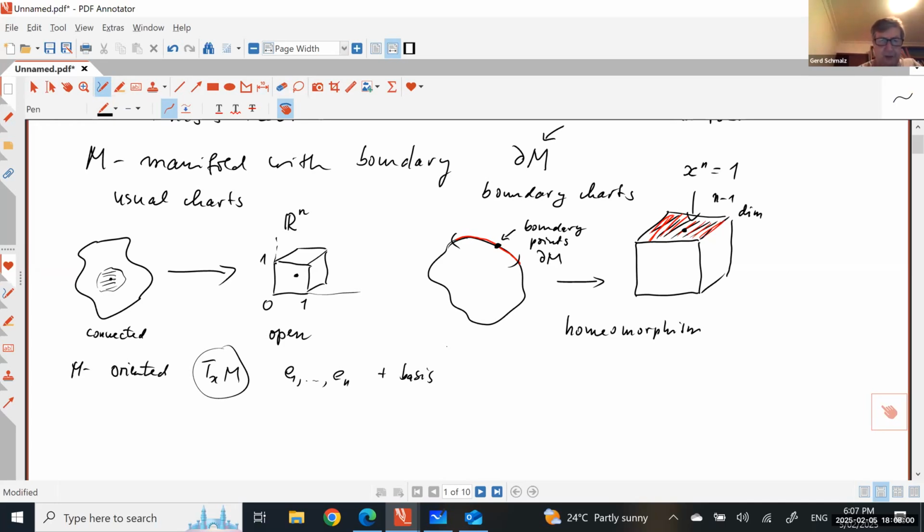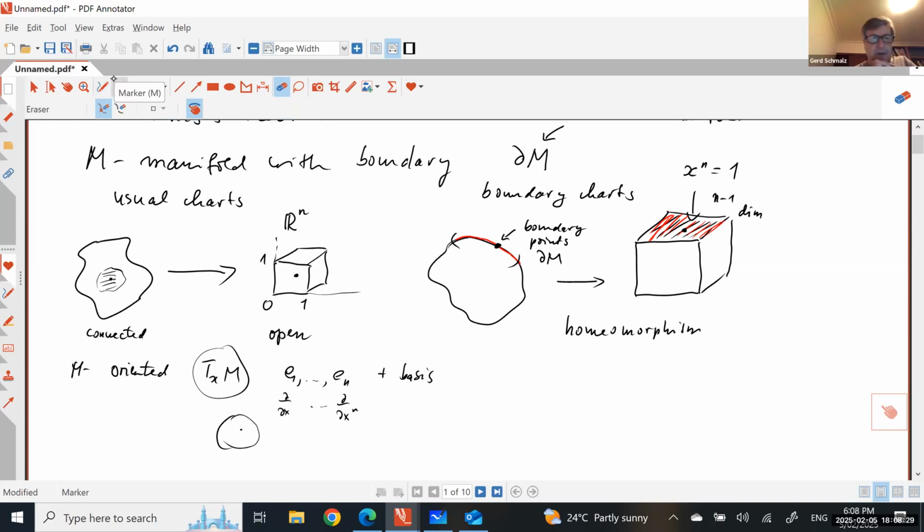But if we have chosen that, then in the whole neighborhood we also have kind of the same basis, say d/dx^1 to d/dx^n, in some coordinate chart, in this order. They form a positive basis.